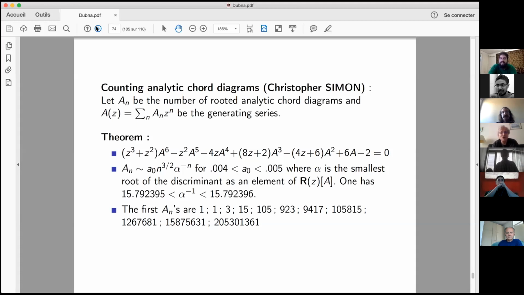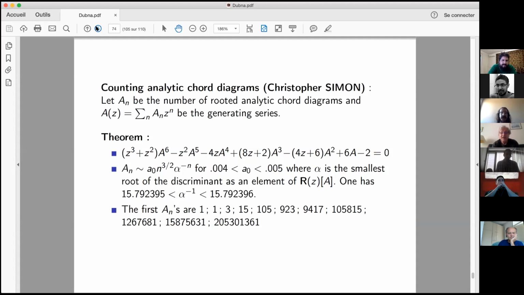If you denote by A_n the number of admissible chord diagrams coming from algebraic curves, and if you compute the formal series A(z), the sum of A_n z^n, well, this formal series A satisfies this incredible algebraic equation. You can see here, z cubed plus z squared A to the 6, etc., is equal to 0.